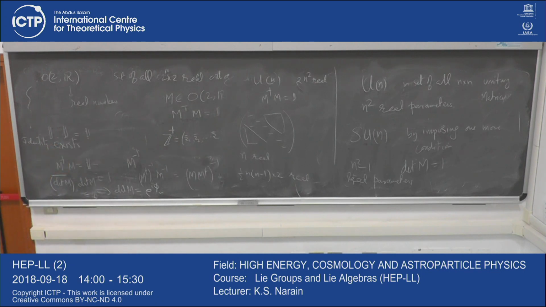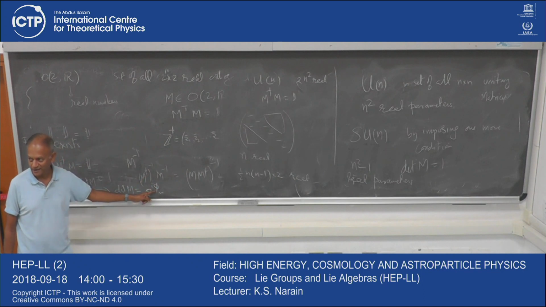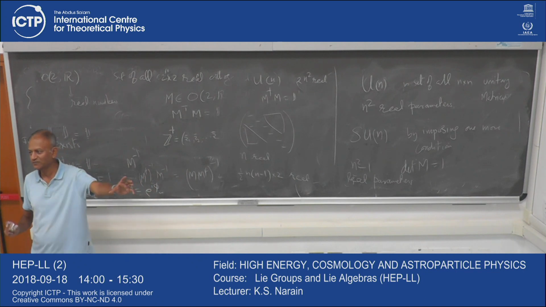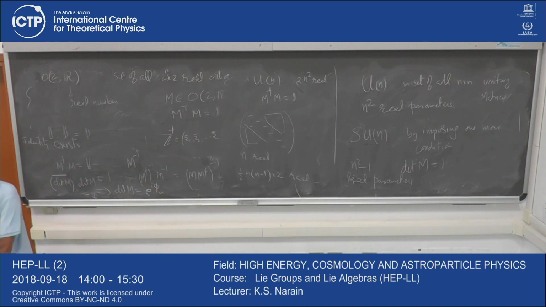This structure is not disconnected, because the determinant is continuous. There's a parameter there. In the ON case, determinant was +1 or -1, so there were 2 different sectors. So to have a connected set, we choose the determinant 1 part of that and name it SO.